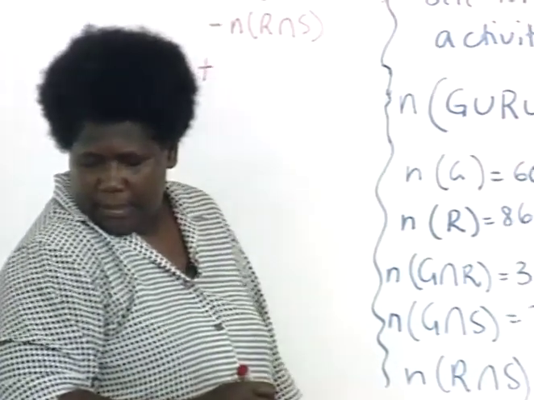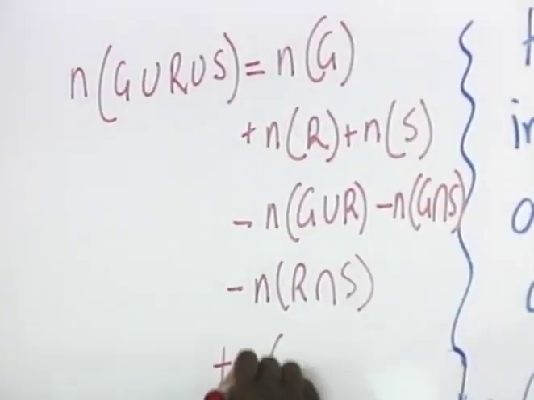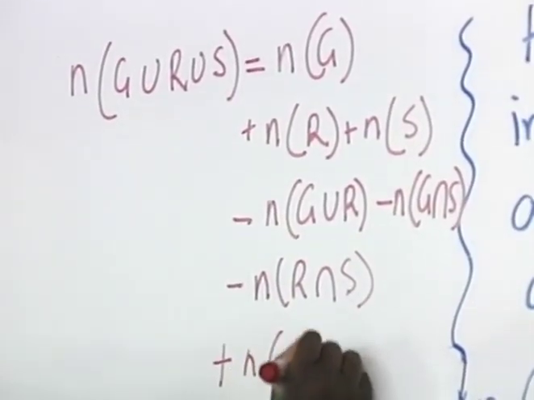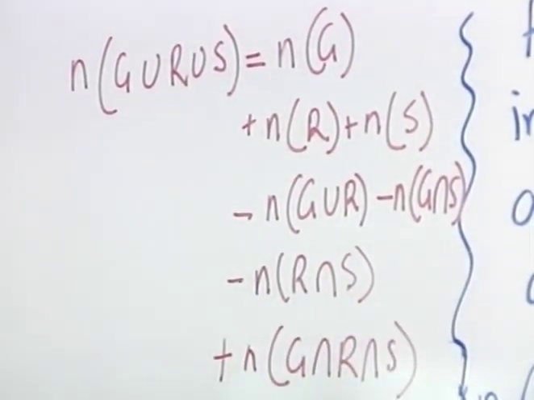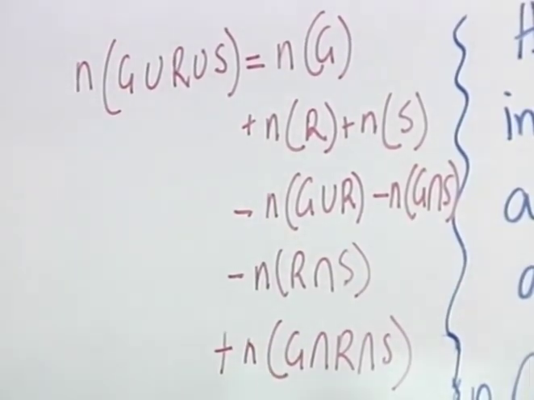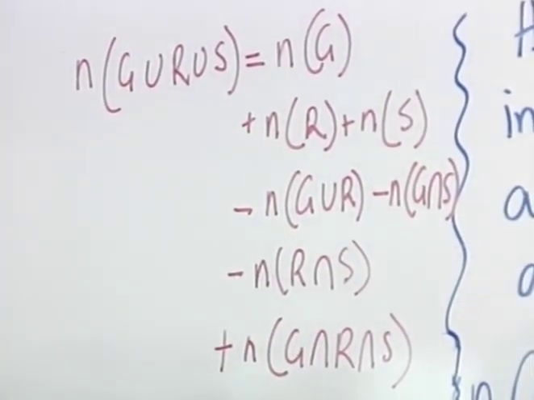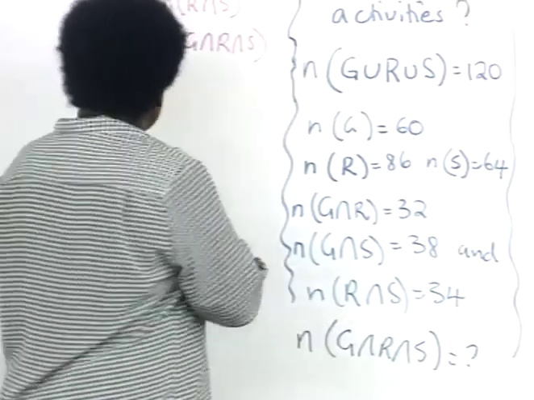We have to add the number of elements in G intersection R intersection S. Okay, we are asked to find G intersection R intersection S. Okay, so that's 120.